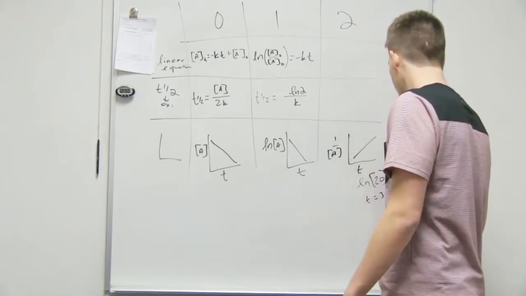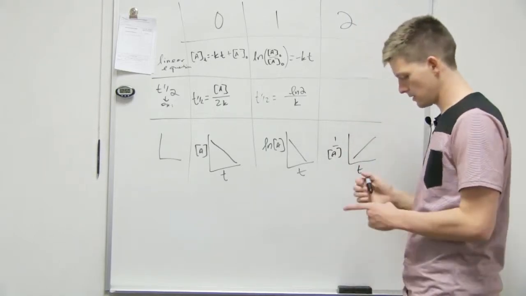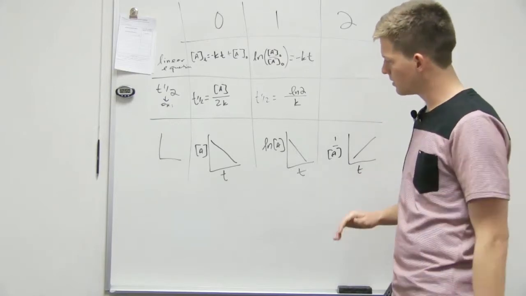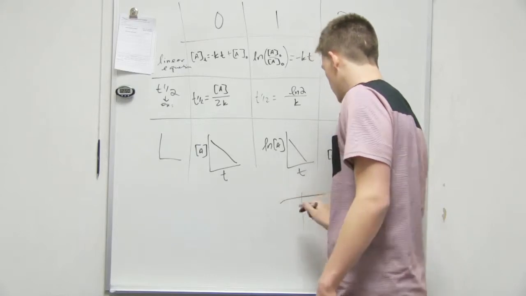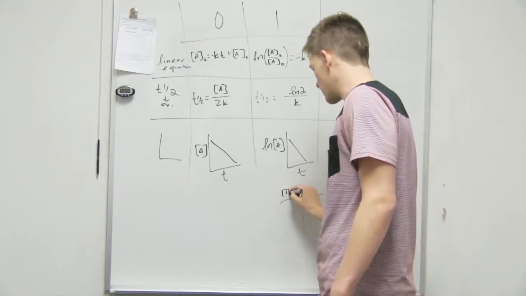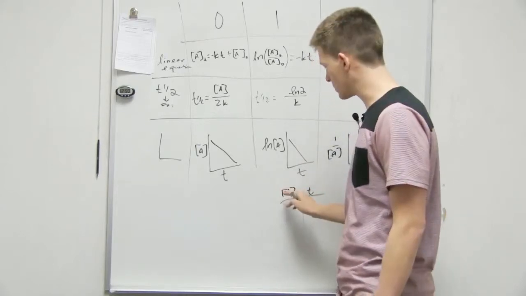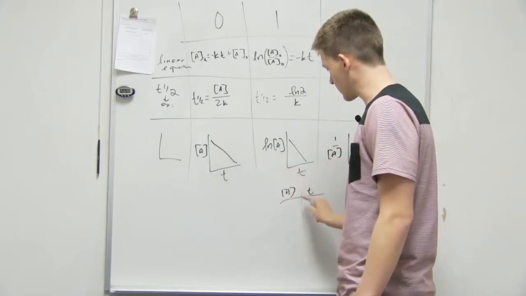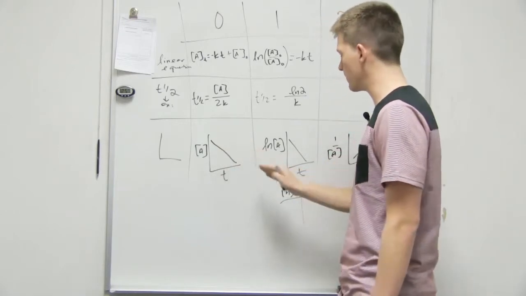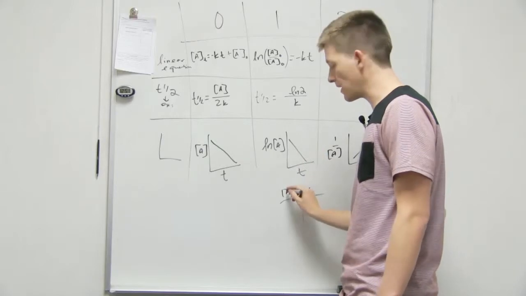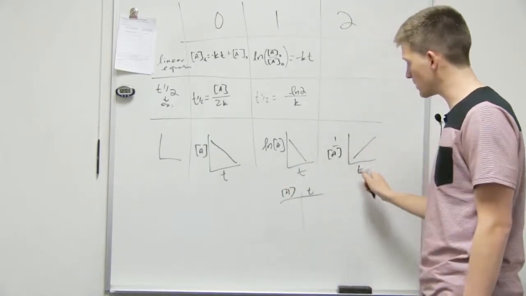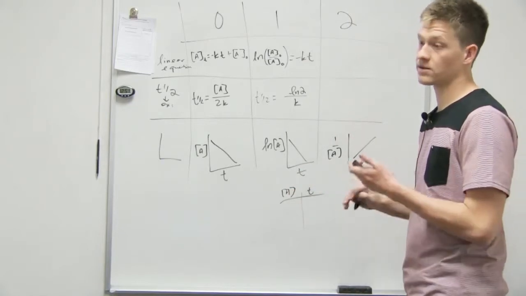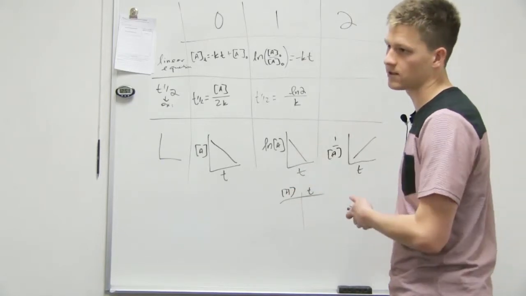They could give you the same data, here's our time, here's our concentration. For zero order, they take these points exactly and plot them. For this one, they do ln to all of these and then plot it. In this one, they take the concentration and do the inverse of it, and then plot it.